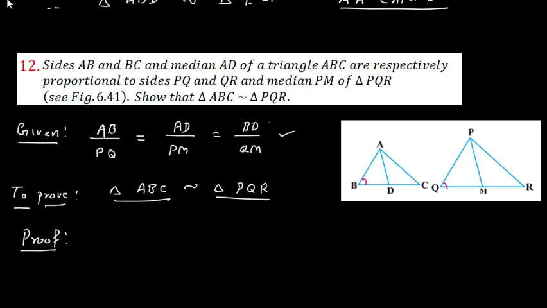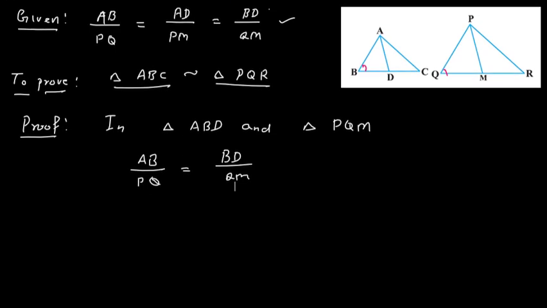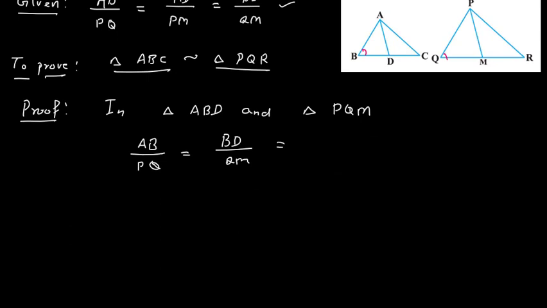In the proof, I will first take triangle ABD. I will say that in triangle ABD and triangle PQM, AB upon PQ is equal to BD upon QM, and this is equal to AD upon PM.